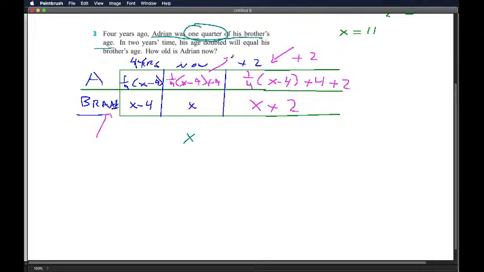If you want, you can simplify this first, but I just left it as is. So now we have all these statements. Now I'm going to go back to the word problem and read what it says. In 2 years' time, Adrian's age doubled will equal his brother's age.